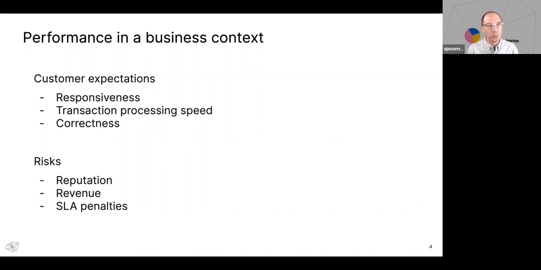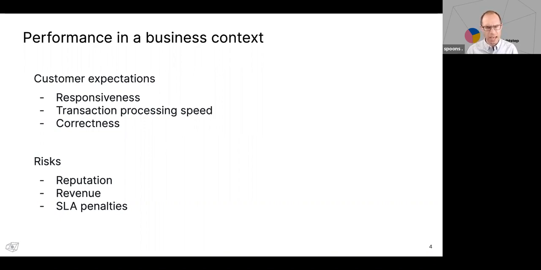And if we don't meet those expectations, there can be consequences. We can lose reputation. It can affect our brand in some way. We can lose revenue, if those transactions were important for our revenue. And if we've made those expectations explicit with our customers through something like a service level agreement, then we might actually have to pay penalties if we fail to meet them.